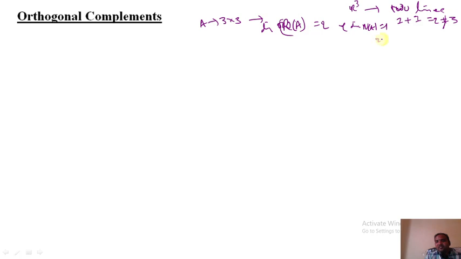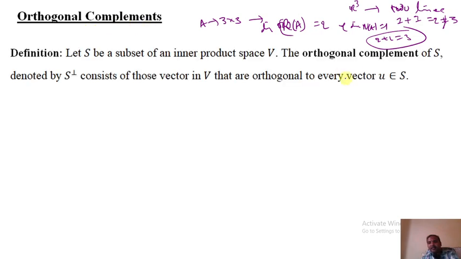When you add 2 plus 1, we get the whole space. That means these are called orthogonal complements. That's the definition of orthogonal complement: when the sum of the dimensions of two subspaces of that space equals the whole space, one subspace is the orthogonal complement of the other. That's the main thing.